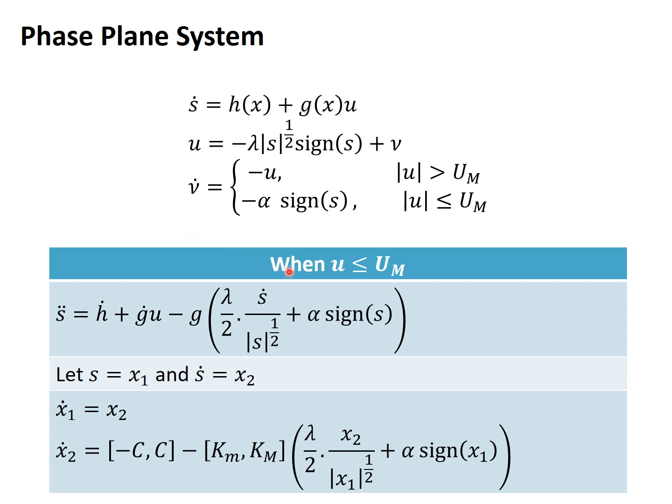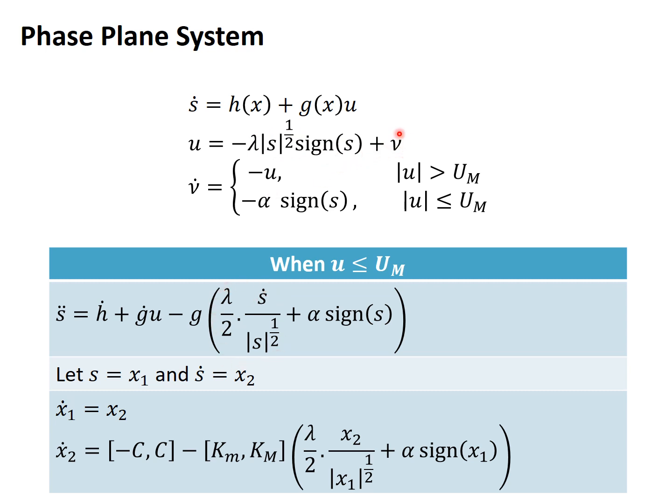So, now we see that when u is less than or equal to u capital M, then my S double dot is basically h dot plus g dot u plus g u dot. And what is u dot? U dot, you have to take a differentiation of this, which is this term.